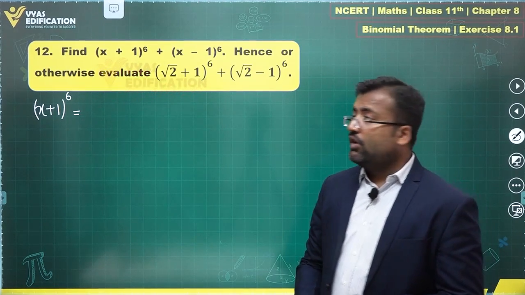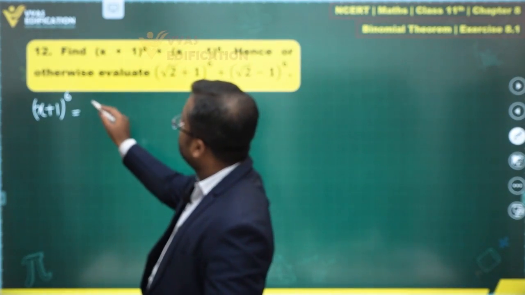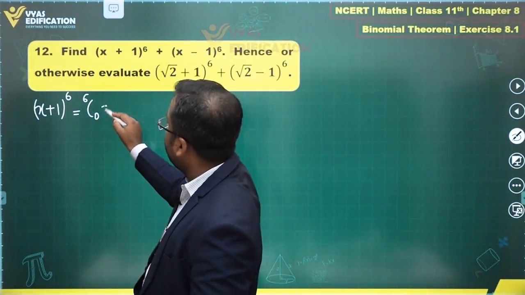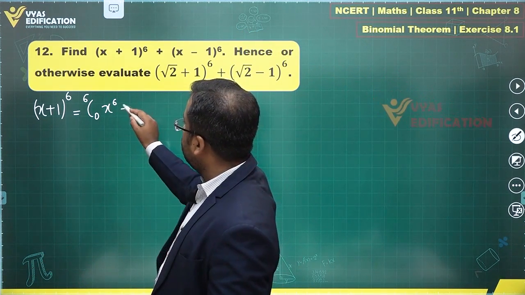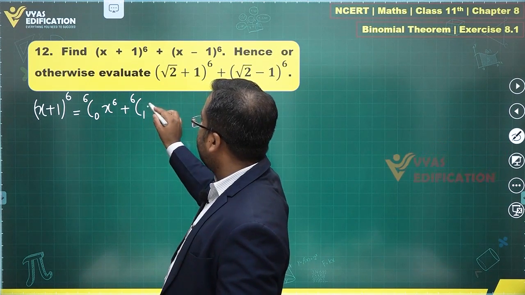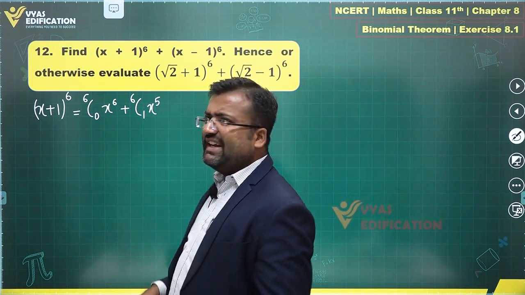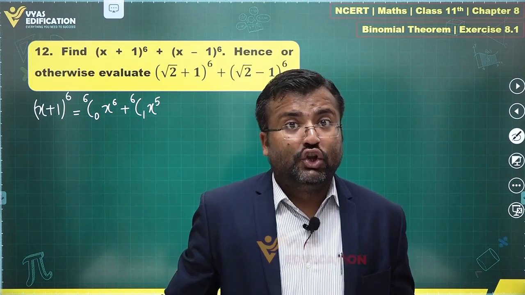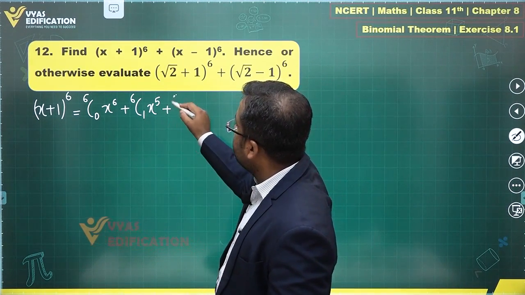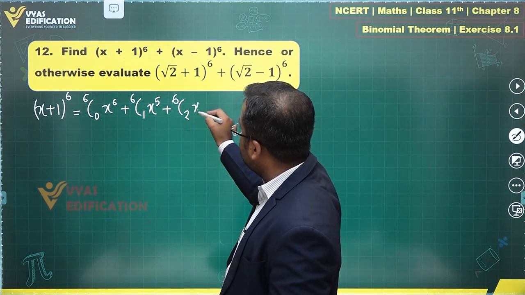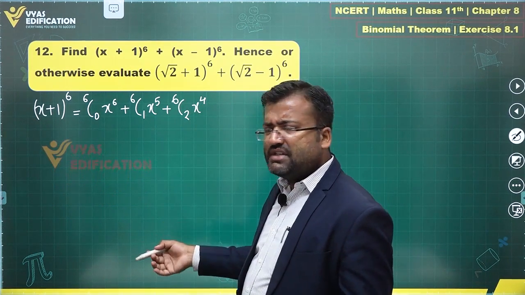This here will be equal to, as you may observe, 6c0 x power 6. 1 power 0 which is 1. The next term, binomial coefficient will be 6c1. The power of x will reduce, the power of 1 will increase, but will that impact anything? No. 1 power 1 will be 1 only. The next term will be 6c2, x power will reduce to 4, 1 square will be simply 1.